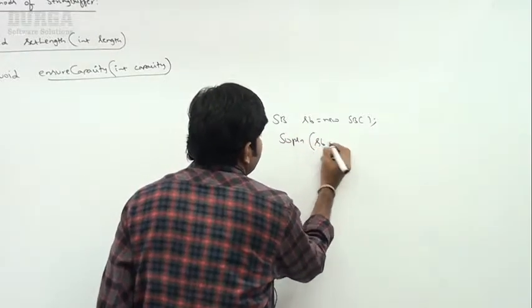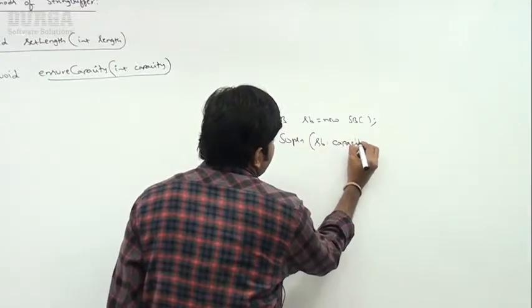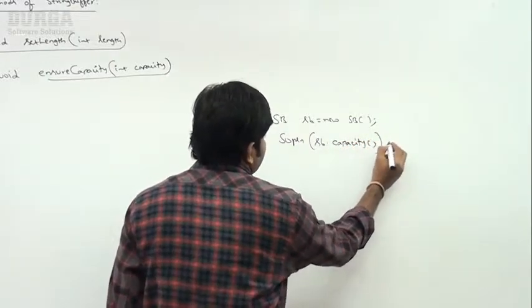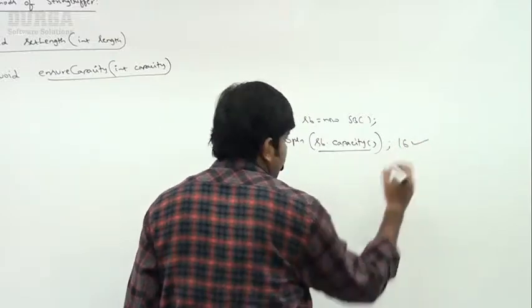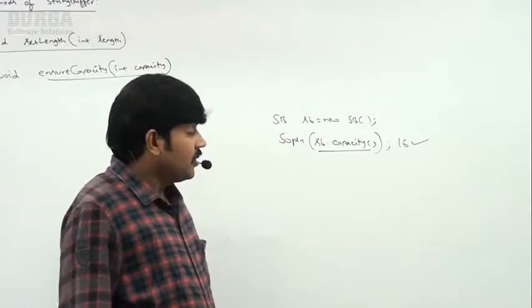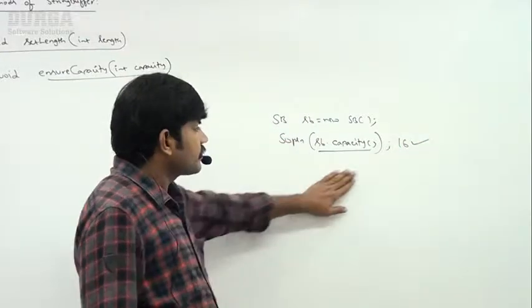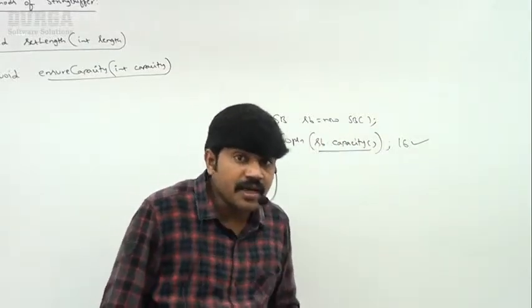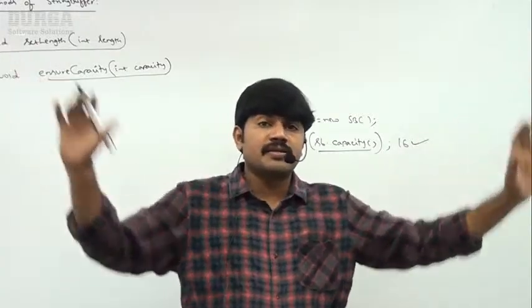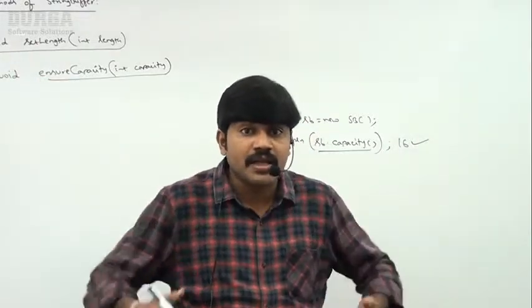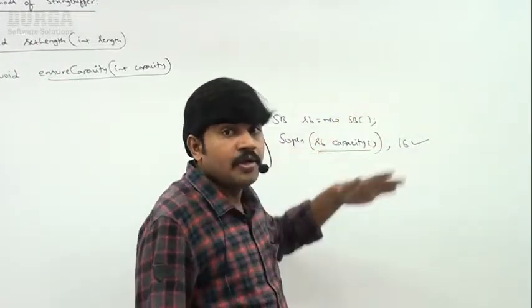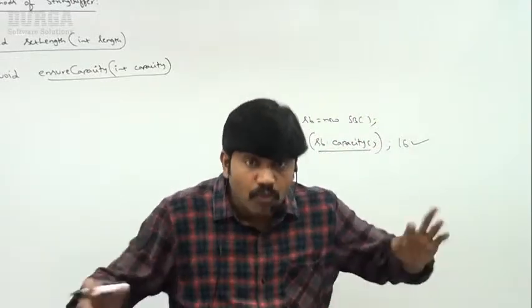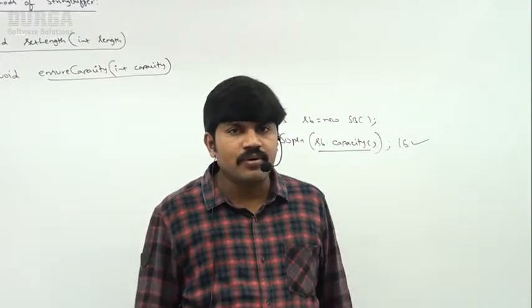An empty StringBuffer object with the default initial capacity 16, sir. Now, after creating this, I came to know that 1000 characters we are going to add. I realized after already creating it that 1000 characters are going to be added.